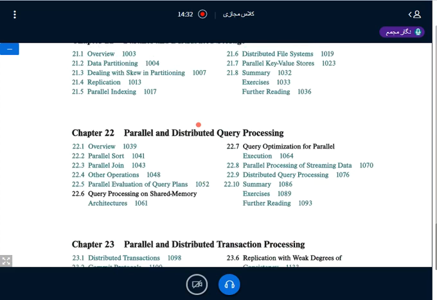These chapters are useful for your thesis and your research, because they talk about some new topics. I suggest you read them.